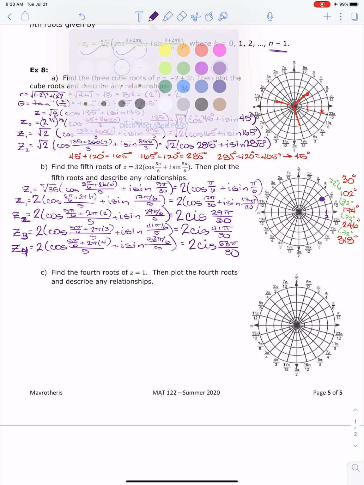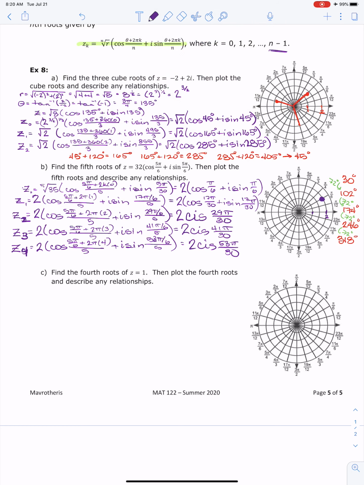I'm going to use those to help me graph this because I don't have my circle divided into pi over 30s. So I've got my pi over 6, that one's easy. 17 pi over 30, well 15 pi over 30 would be pi over 2. So I know I'm a little bit past pi over 2. Not quite to 7 pi over 12, which is 105 degrees.